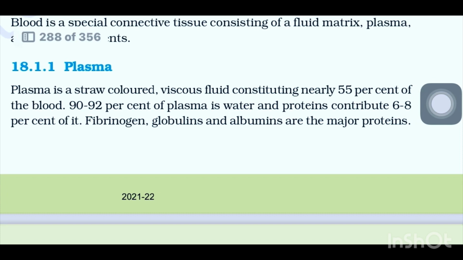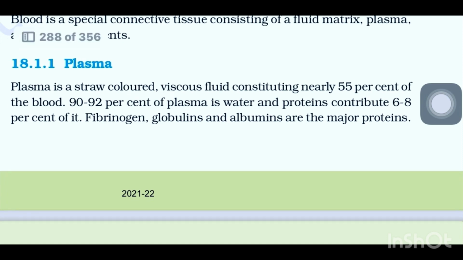Now, like I was saying, your plasma is a pale yellow color, a straw-colored fluid. 90 to 92% of the plasma is water, and the remaining 6 to 8% are plasma proteins. We have three important plasma proteins.